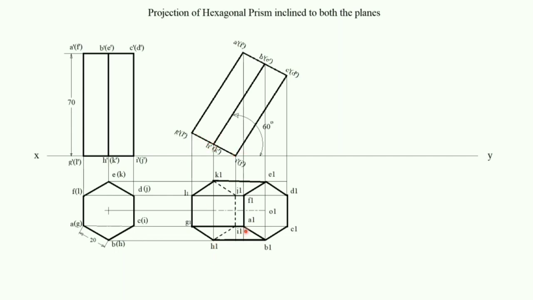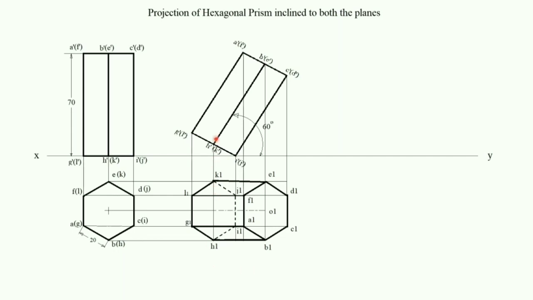But the bottom face cannot be seen, so the other three lines are marked as dashed lines, because we cannot see them.